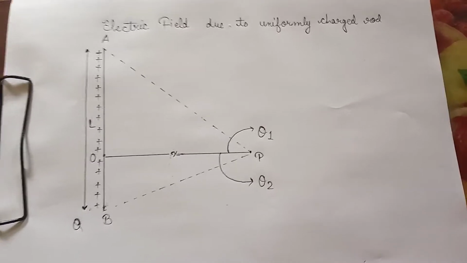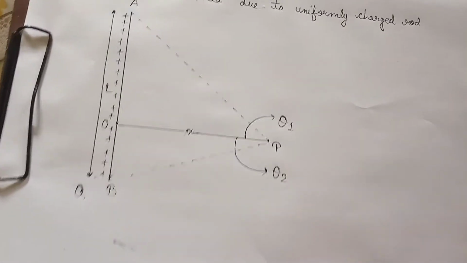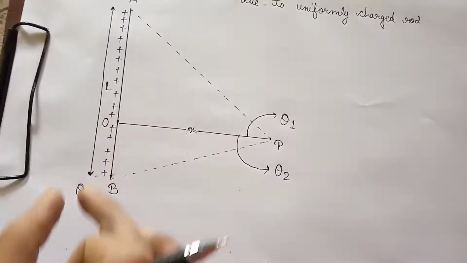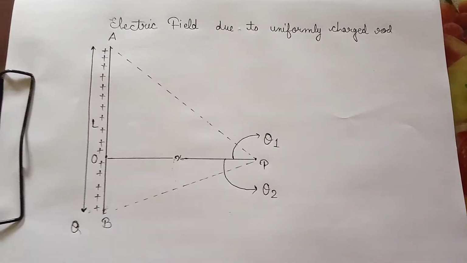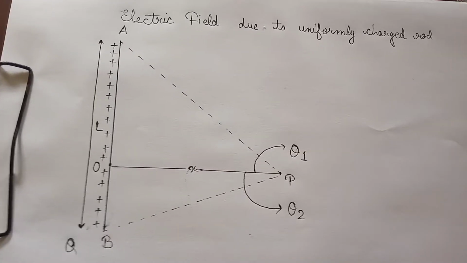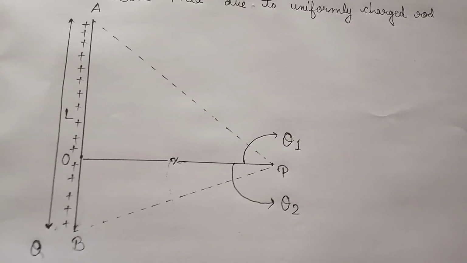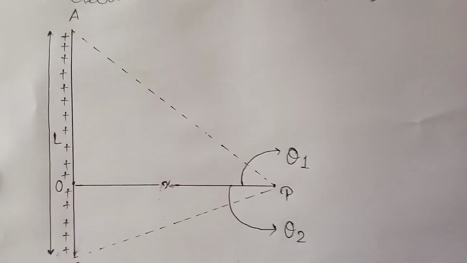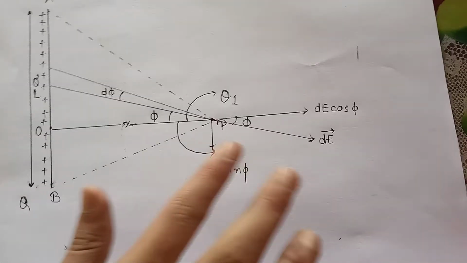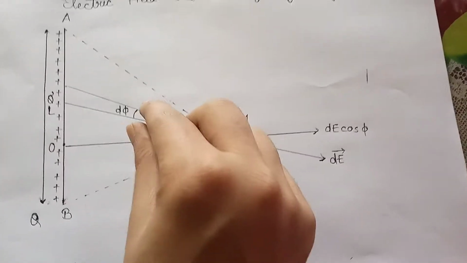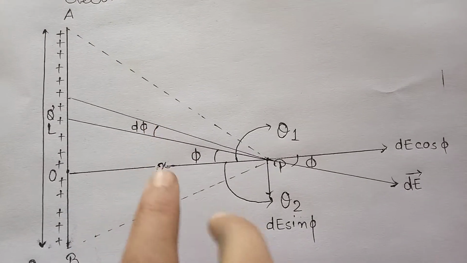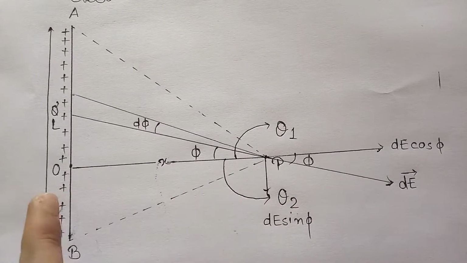So we know that electric field can only be found by point charge. So let's break this whole rod into small components, and we find the electric field due to a small component of this rod. We have taken a small component at the phi angle from the horizontal.